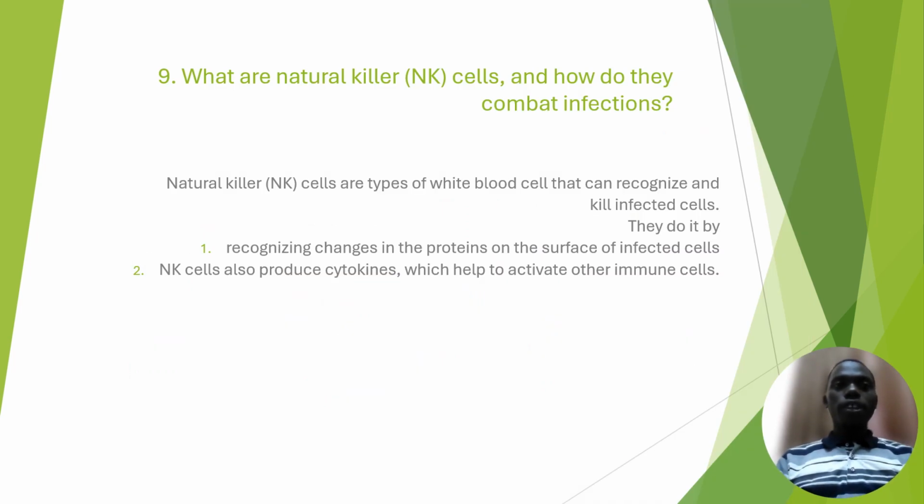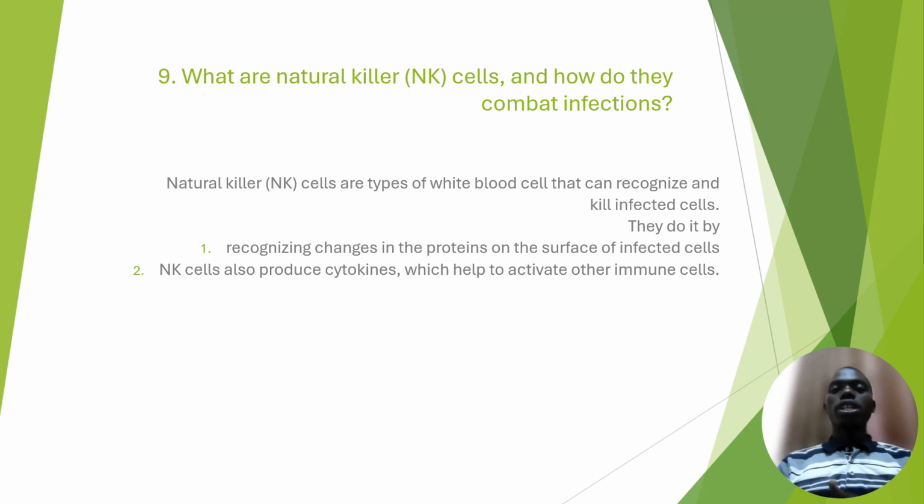Here we have one question which was asking what are natural killer cells and how do they combat infections? Natural killer cells are a type of white blood cell that can recognize and kill infected cells.